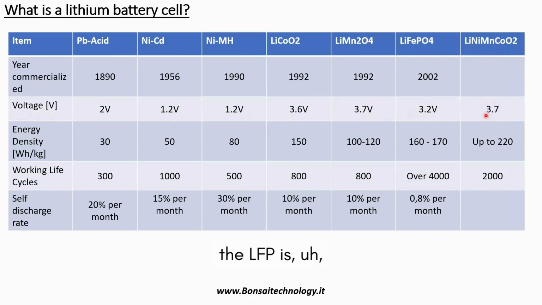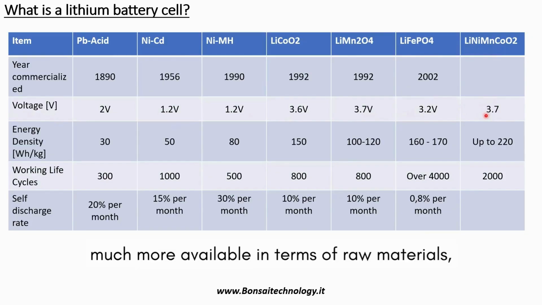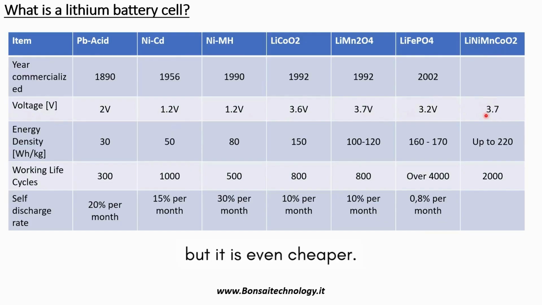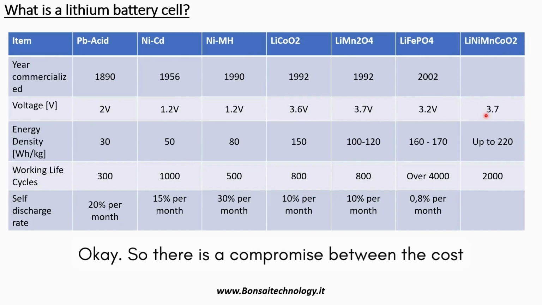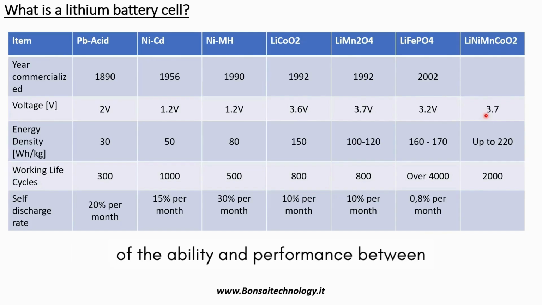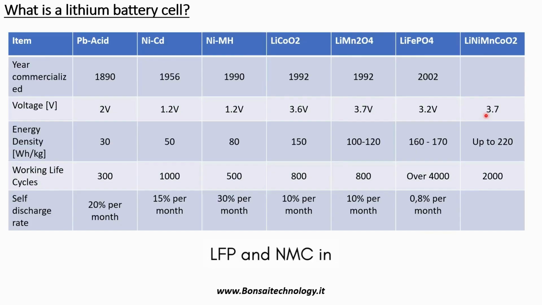On the other side, LFP is much more available in terms of raw materials, and it is even cheaper. So there is a compromise between cost, availability, and performance between LFP and NMC.